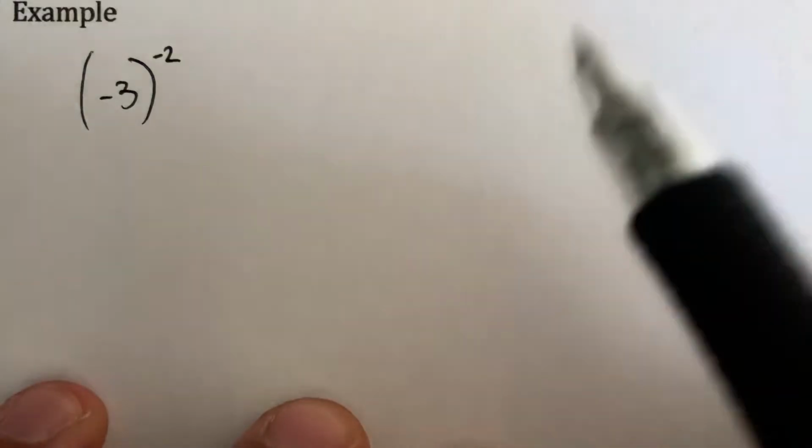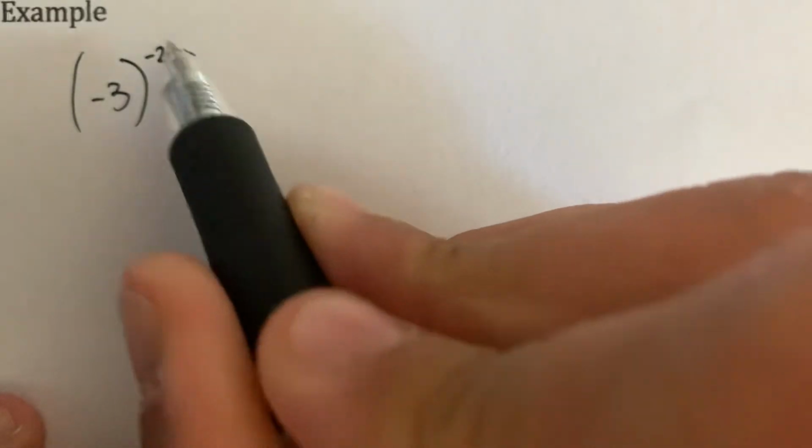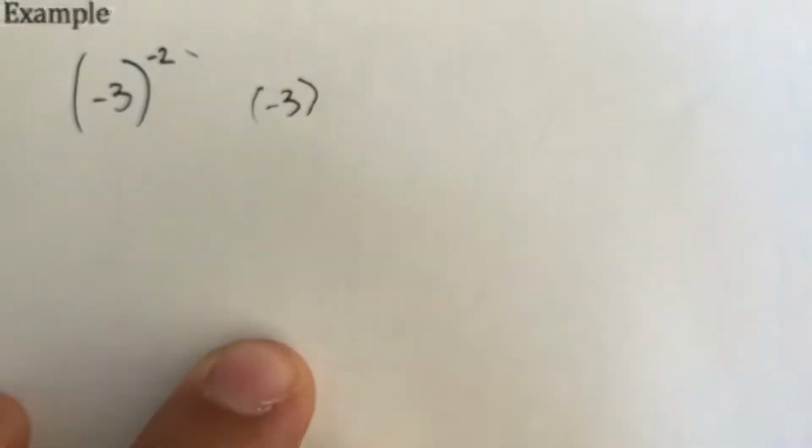Okay, just 2 more examples. Negative 3 to the negative 2. Anytime we have a negative exponent, we want to think of it when the exponent is positive. So we are going to take the same number. Nothing changes about the negative 3. It's only the exponent that ever changes, right? We keep this as negative 3, and we're thinking of when this is a positive one.